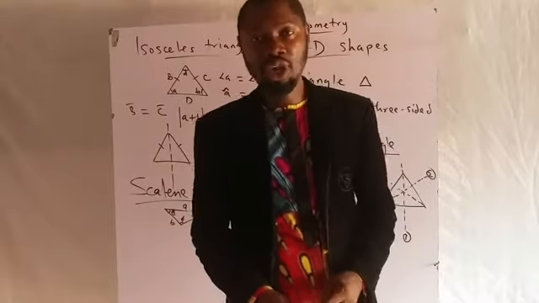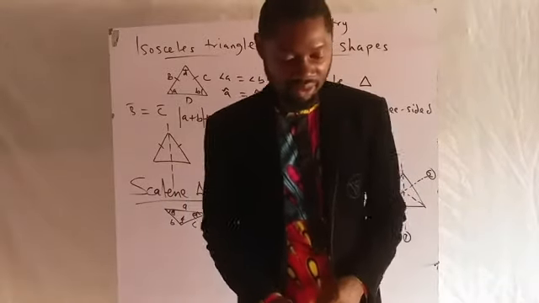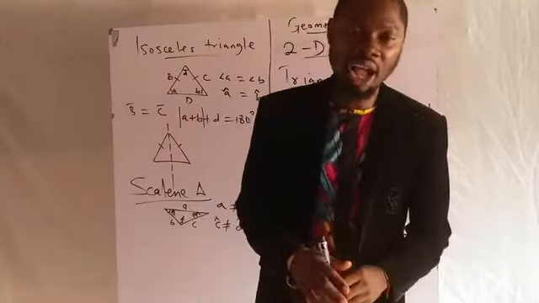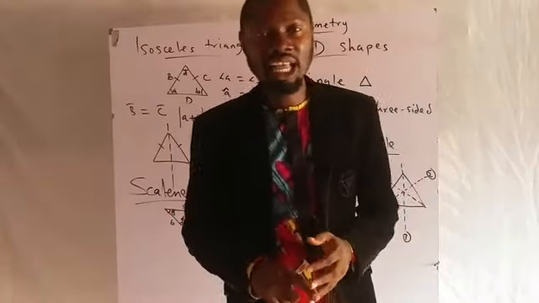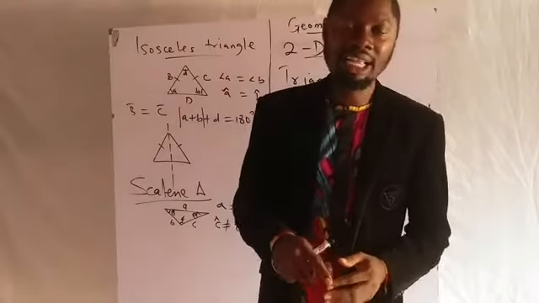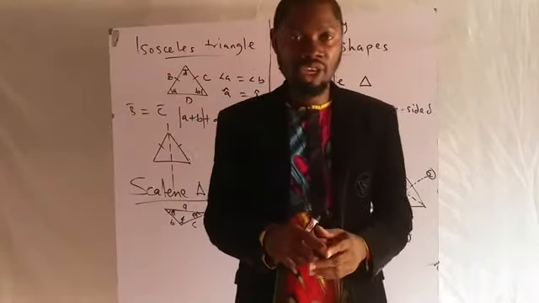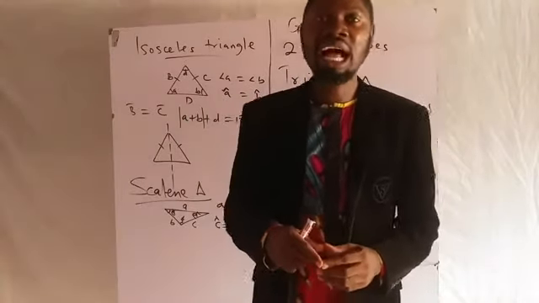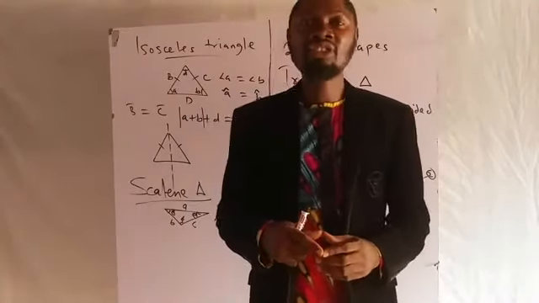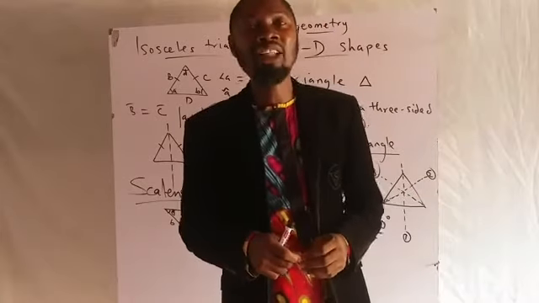Those of you in the primary section, note this. The three types of triangle that we have discussed today are equilateral, isosceles, and scalene. I said an equilateral triangle has three equal sides and it has three lines of symmetry. It has three equal internal angles.